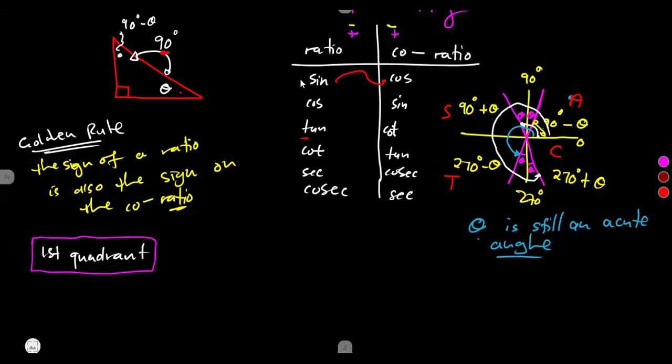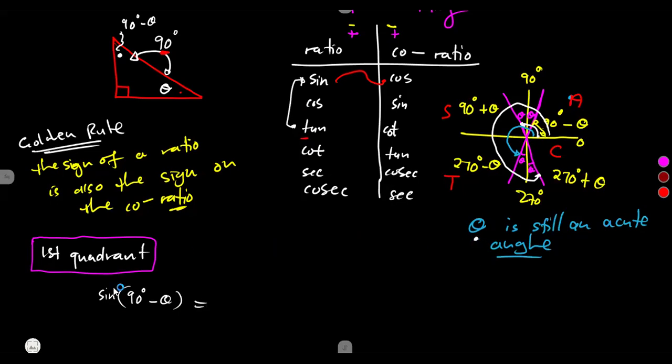Let's talk about these three. The rest are going to be taken from there. So it follows that the sine of 90 degrees minus theta, because that is what we have in the first quadrant. We have to write it as an acute angle.